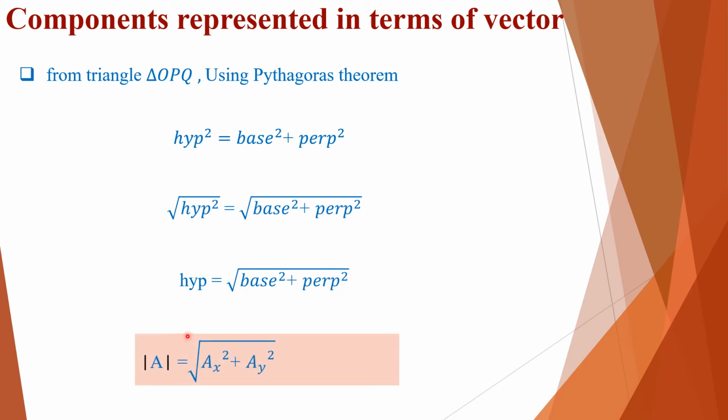In triangle OPQ, hypotenuse is the magnitude of vector A, base is the magnitude of vector AX and perpendicular is the magnitude of vector AY. Putting the values, we get the magnitude of vector A is equal to square root AX square plus AY square.